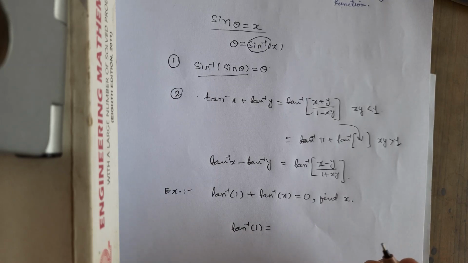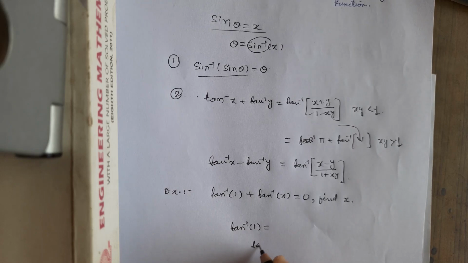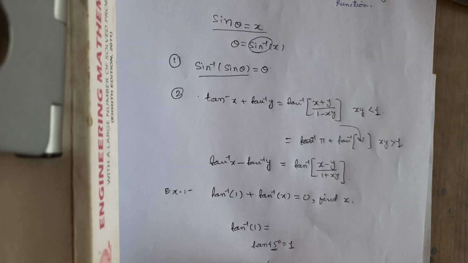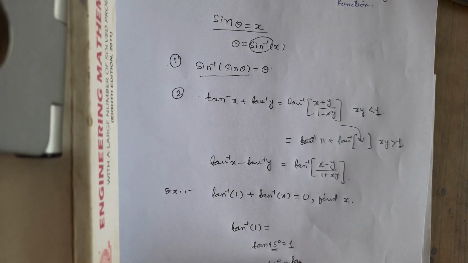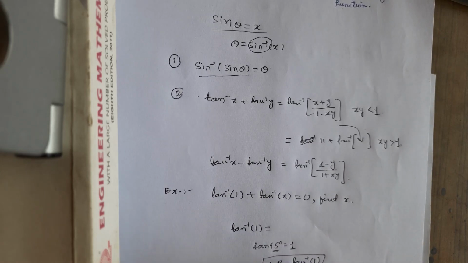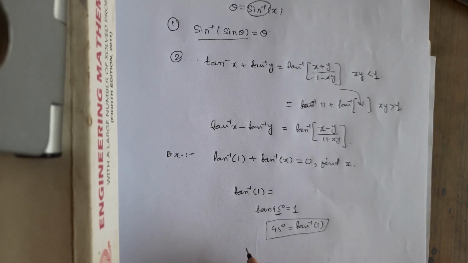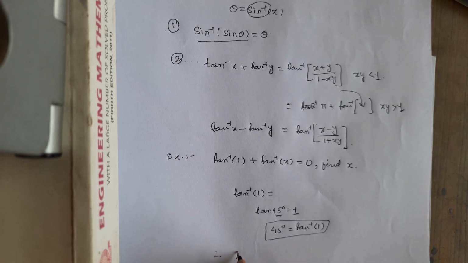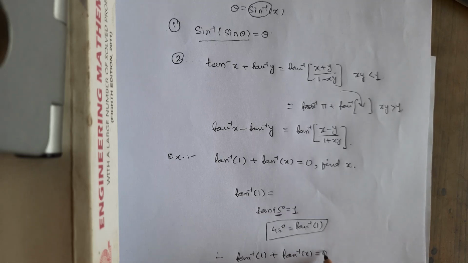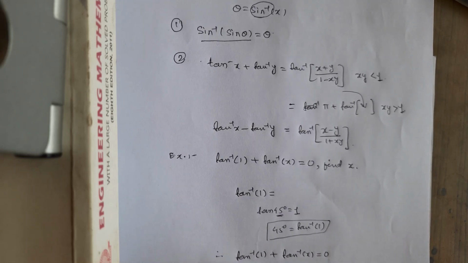You can use a calculator or not. I know that tan 45 degrees is 1, so 45 degrees equals tan inverse of 1 by definition. So tan inverse of 1 is 45 degrees, or pi by 4. Therefore tan inverse of 1 plus tan inverse of x equals 0 becomes pi by 4 plus tan inverse of x equals 0.